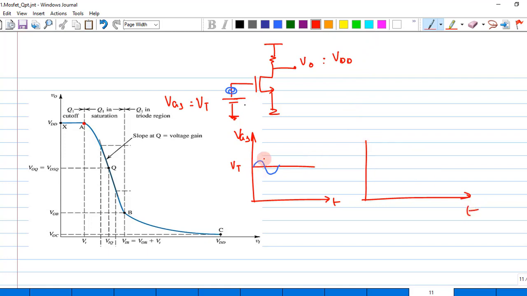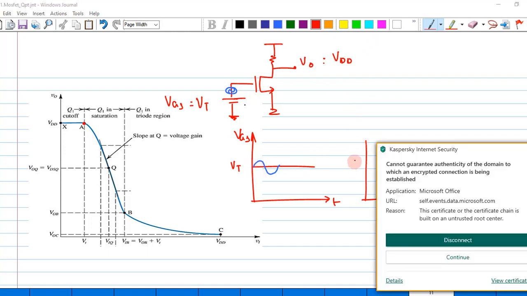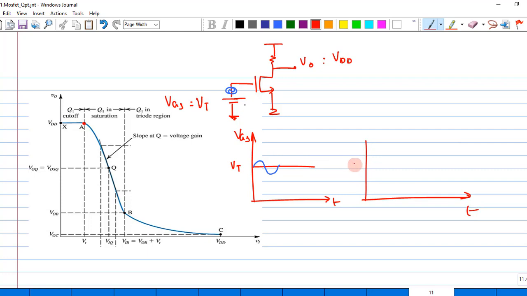I've just combined both, so let me start with the same thing. At Vt, I just add both these values and the value still remains the same. At this particular point, the point would have shifted up, and again at this spot, it would have stepped down. So effectively you have a variation around this Vt, which goes up and down.